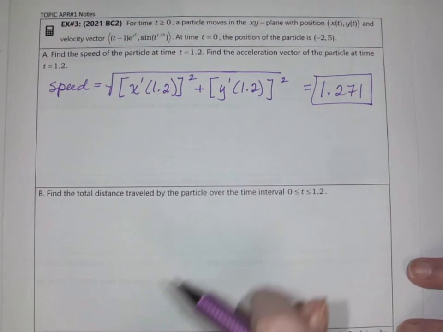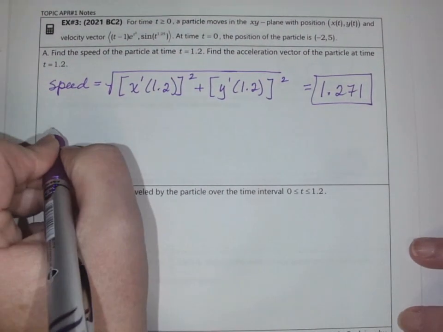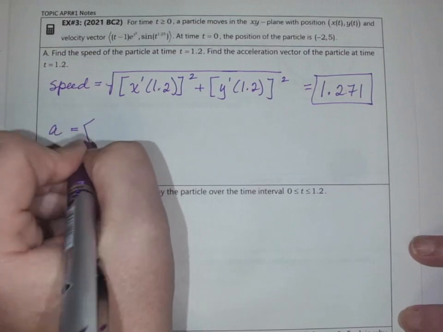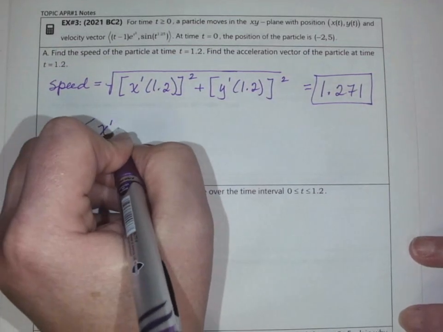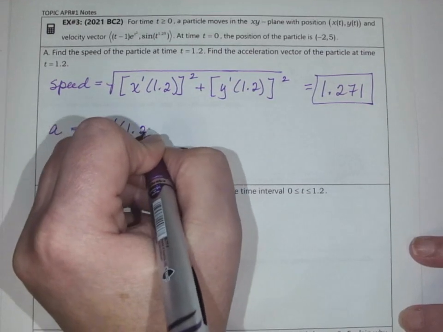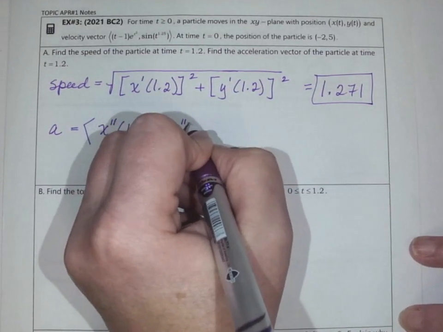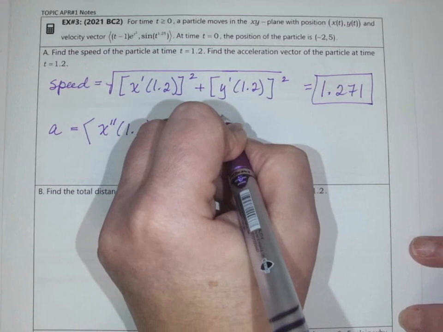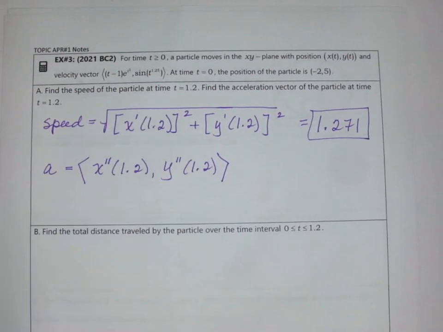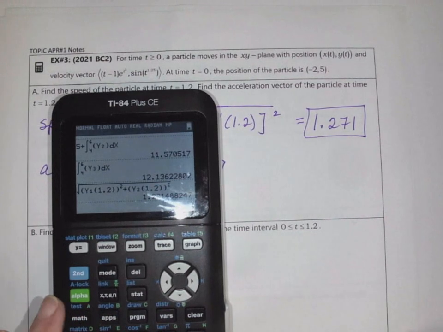All right, and then it says find the acceleration vector of the particle at time t equals 1.2. So the acceleration, remember, is going to be x double prime of 1.2, comma, y double prime of 1.2. Now, we already have x prime and y prime, so we just need to take one derivative.